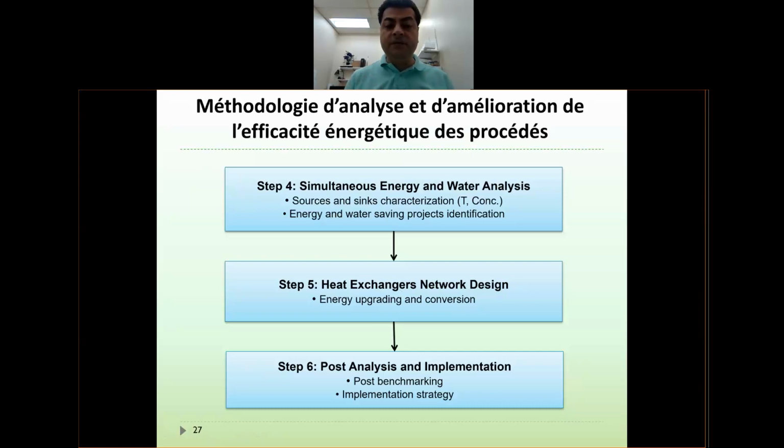But in step 5, when we design the heat exchanger network, again, remember that it has to be supported by water pinch analysis and key performance indicators, so that your heat exchanger design could be robust.